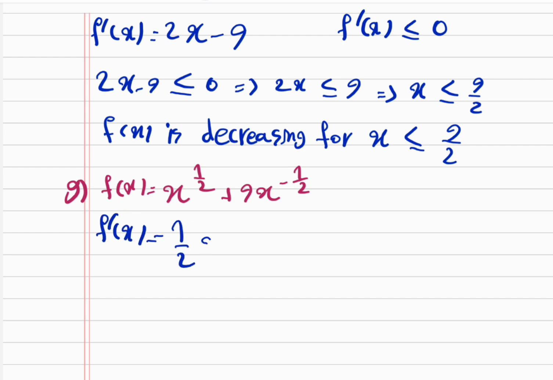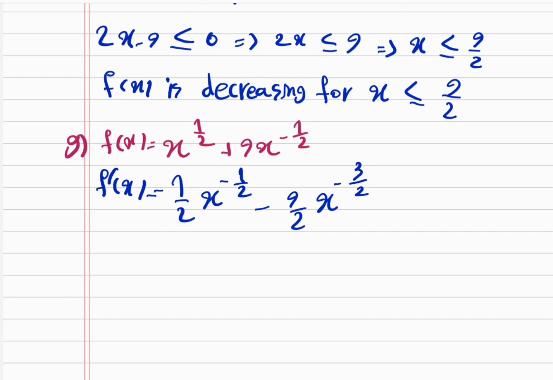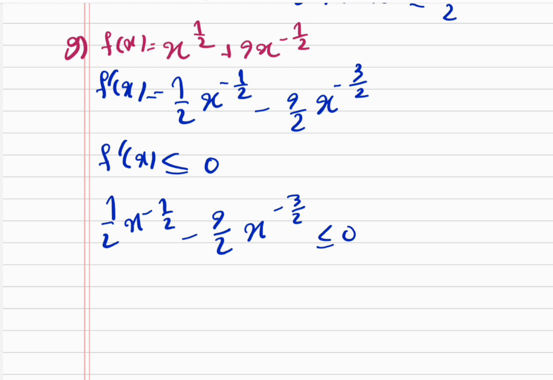We have half x to the power of minus a half, and then here becomes minus 9 over 2 times x to the power of minus 3 over 2. Now we want to solve the inequality that f dash x is less than or equal to 0. We have half x to the power of minus a half minus 9 over 2 x to the power of minus 3 over 2 is less than or equal to 0.